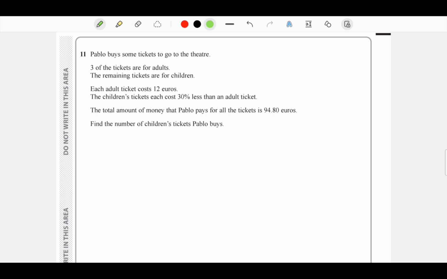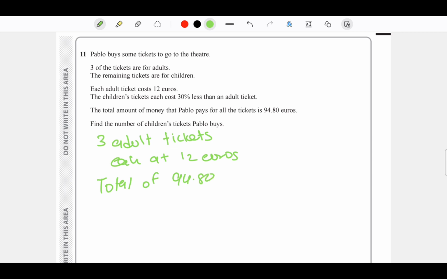So let's write down all the information that we know first. That's always step 1. So we know that he bought 3 adult tickets, each at 12 euros. Alright, and he spent a total of 94.80 euros.